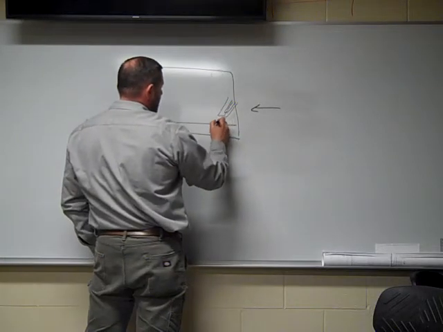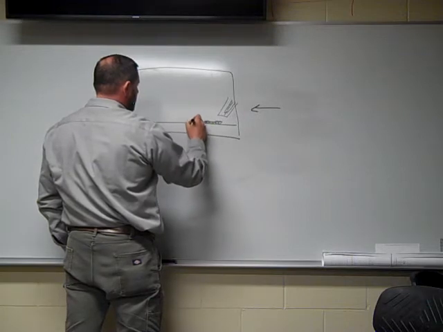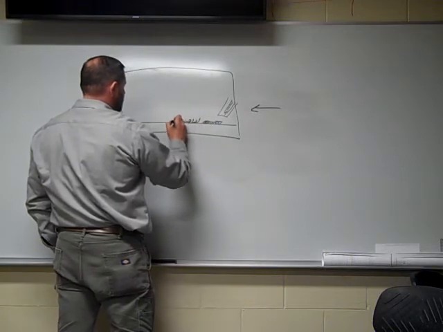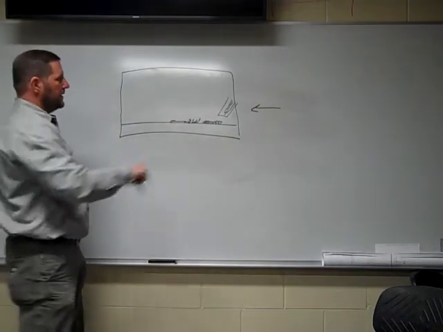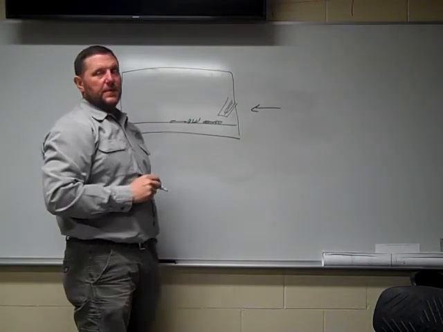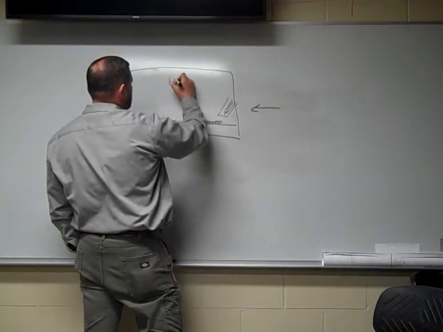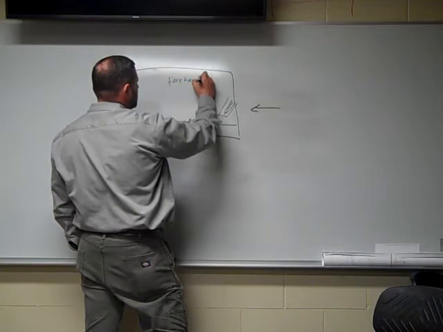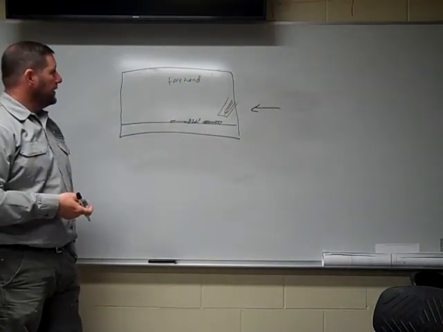Weave patterns, some guys like to do circles, some guys like to weave it, some just go straight. For short arc, typically you can use any pattern. So this right here would be a forehand progression with some sort of a weave pattern, or you can just go straight.